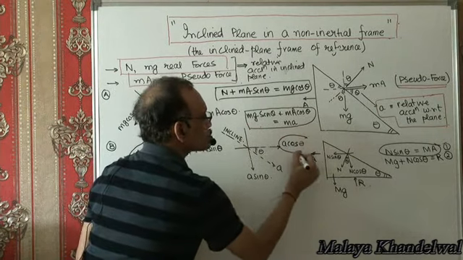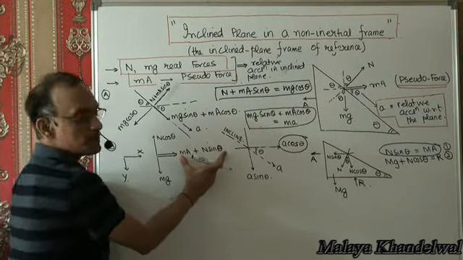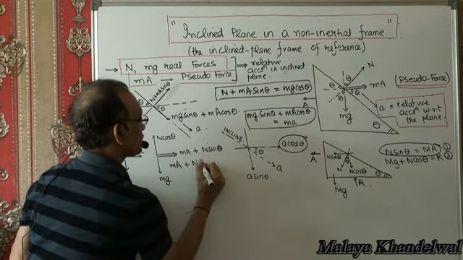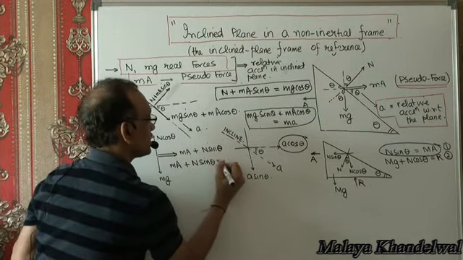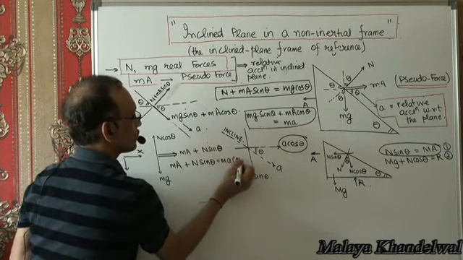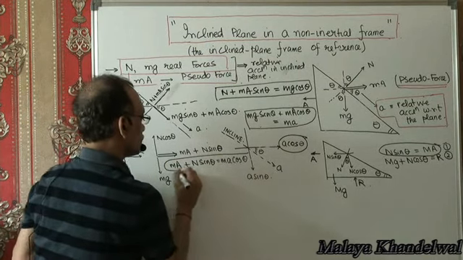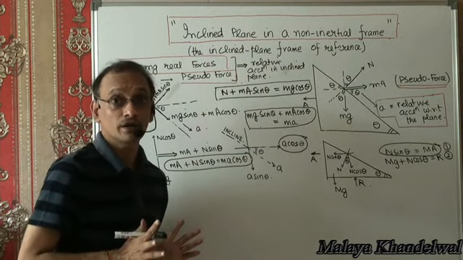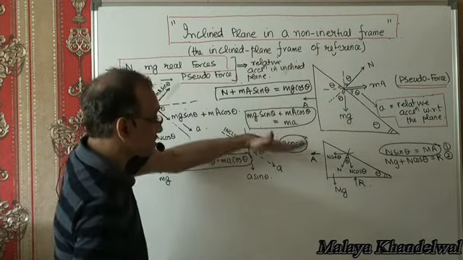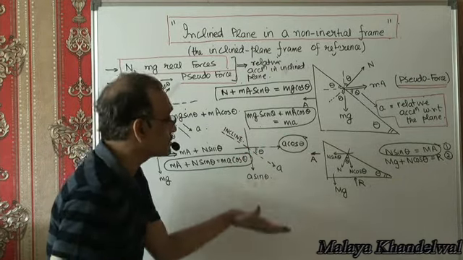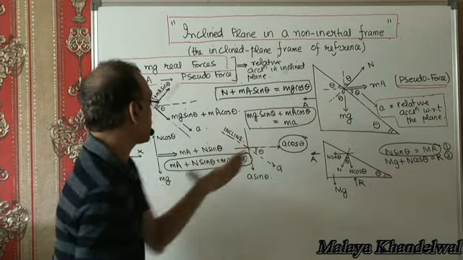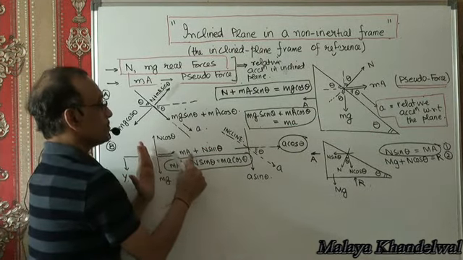Who is instrumental in producing a cos theta? mA plus N sin theta.